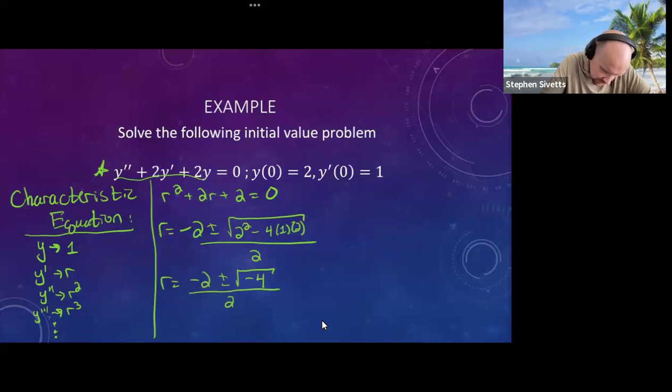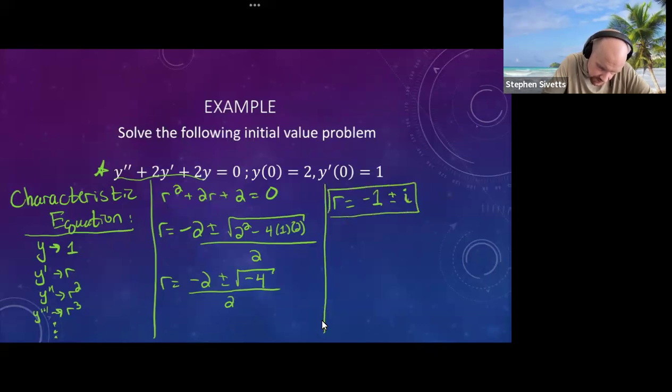And so r is equal to -1 plus or minus, in this case we'll have a 2i, so -1 plus or minus i. So we have two complex roots.